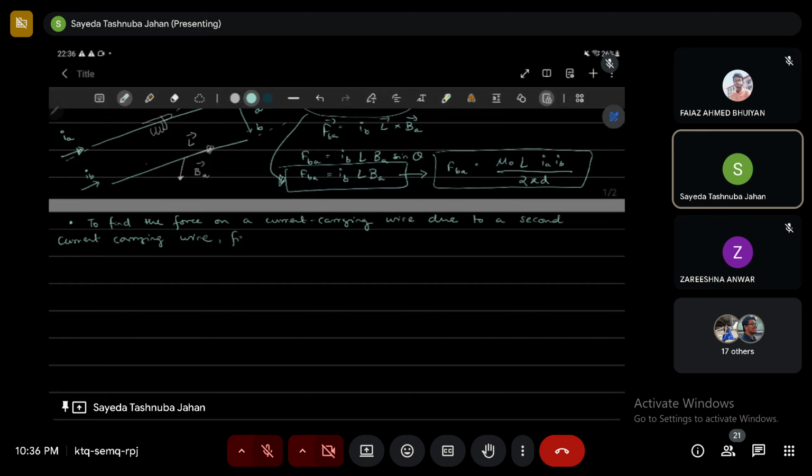first find the field due to the second wire, মানে যেটার কারণে ফোর্স আসতেছে সেটার ফিল্ড বের করতে হবে which you will find at the site of the first wire, মানে ফার্স্ট ওয়্যার যেখানে আছে সেই ডিস্টেন্সে আমি সেকেন্ড ওয়্যারের ম্যাগনেটিক ফিল্ডটা বের করব and then finally you find the force.